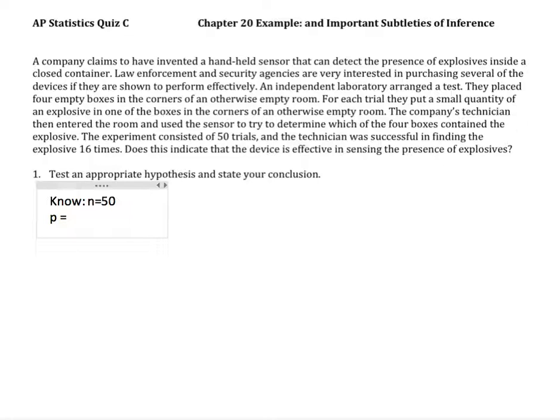It's 1 out of 4 times, right? So it's 0.25. That would be just a random chance of detecting the bomb. And then we found it 16 out of 50 times, so p hat is going to be 16 out of 50. I put that in my calculator and I got 32%. Okay, so that's what we know.